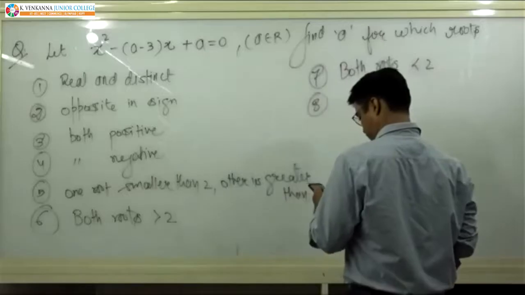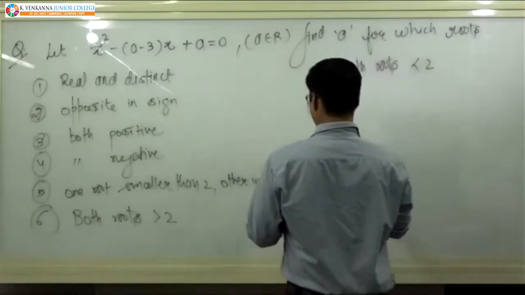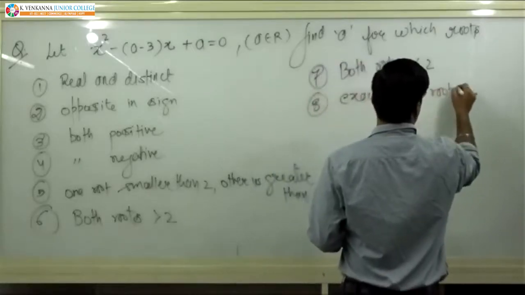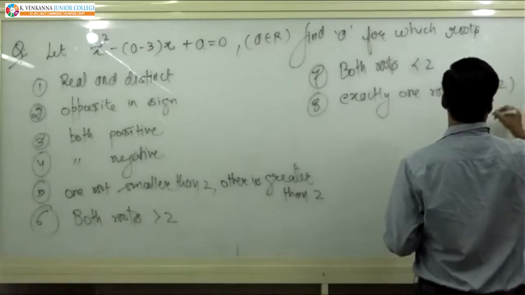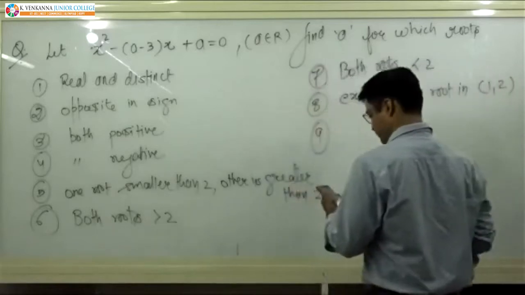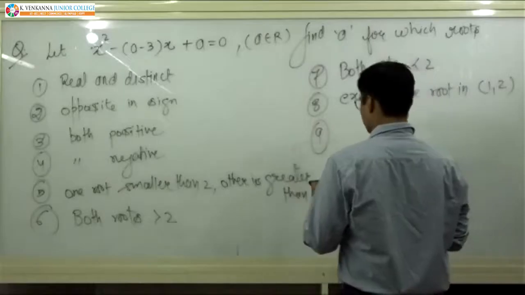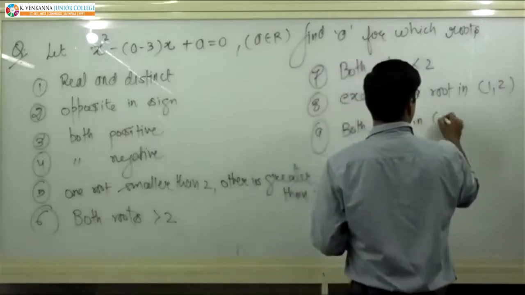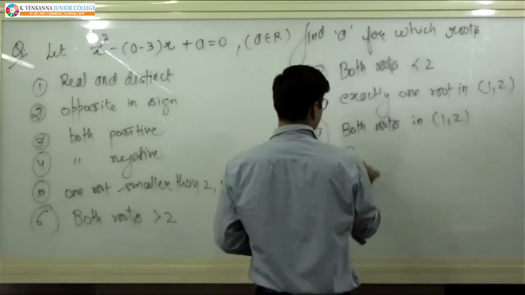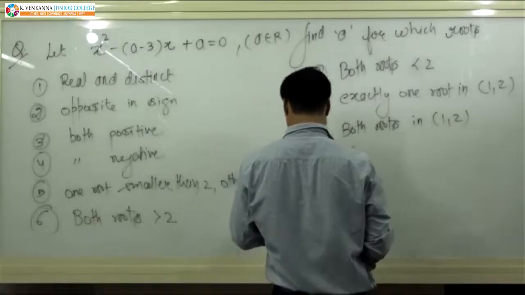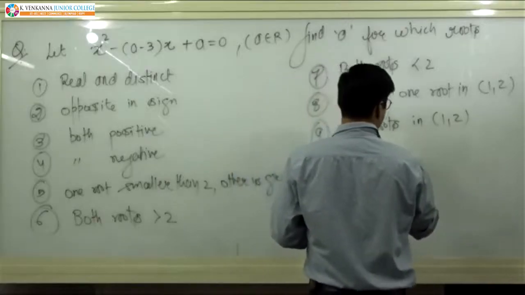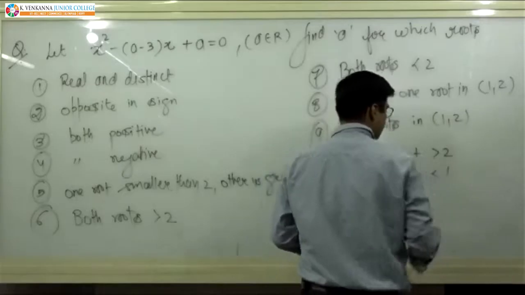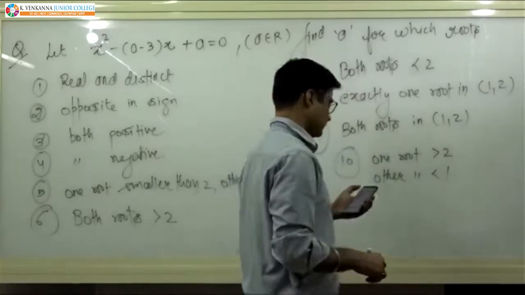Eighth, exactly one root in (1, 2). Ninth, both roots in (1, 2). Tenth, one root greater than 2, other root lesser than 1. Okay?